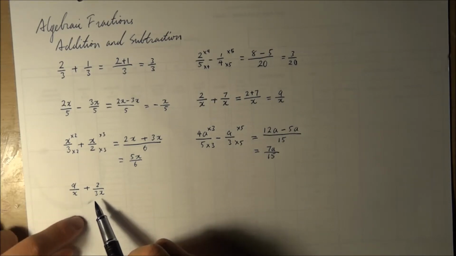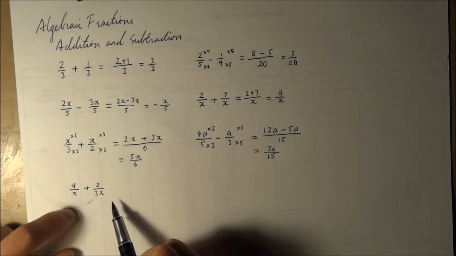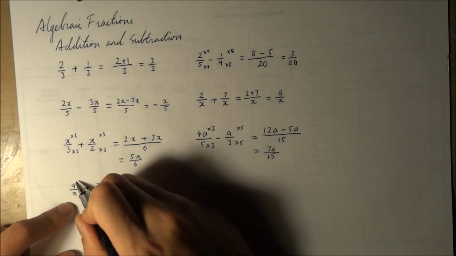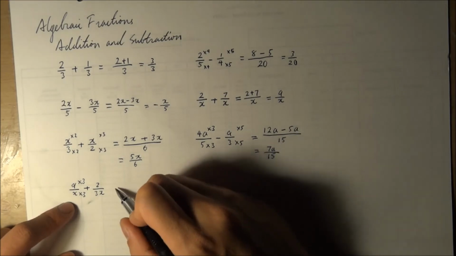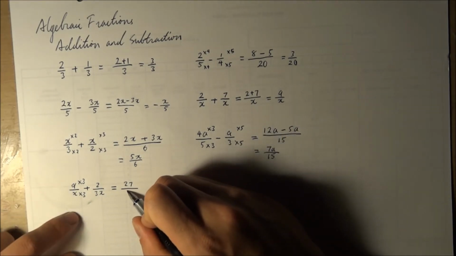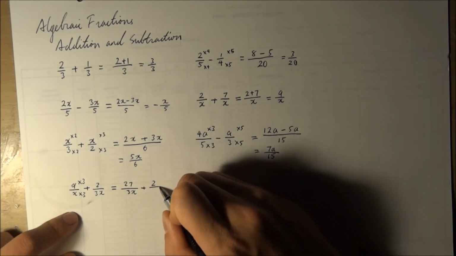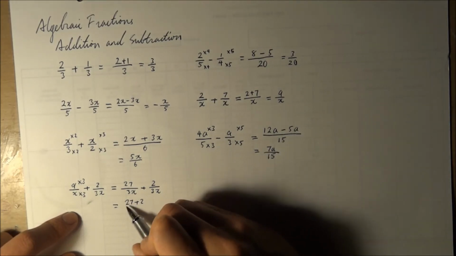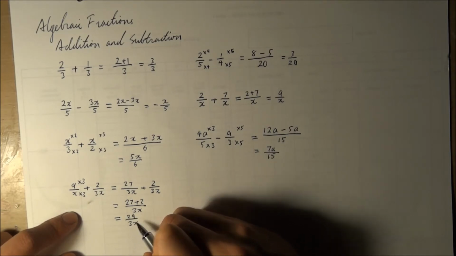So the lowest common multiple of x and 3x is in fact 3x. So we just have to multiply this side by 3 and the numerator by 3 as well. So we end up with 3 times 9 is 27 over 3x plus 2 over 3x. So we have 27 plus 2 over 3x, which gives us 29 over 3x.